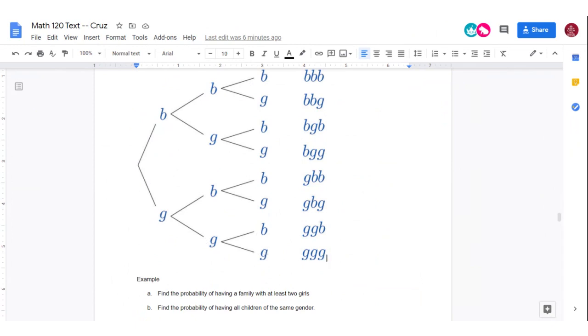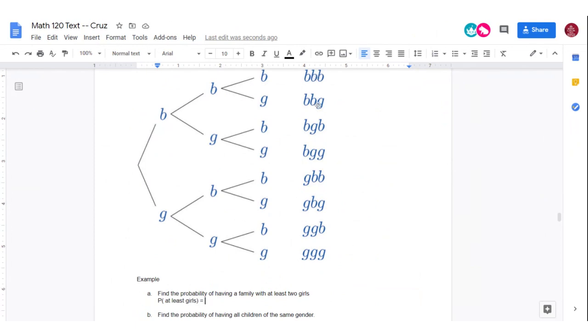So now, from looking at this sample space via this little tree, find the probability of a family having at least 2 girls. They're all going to have at least 2 children, there's 4 of them. All right, so we can rule out the top one because there's no girls in there at all.